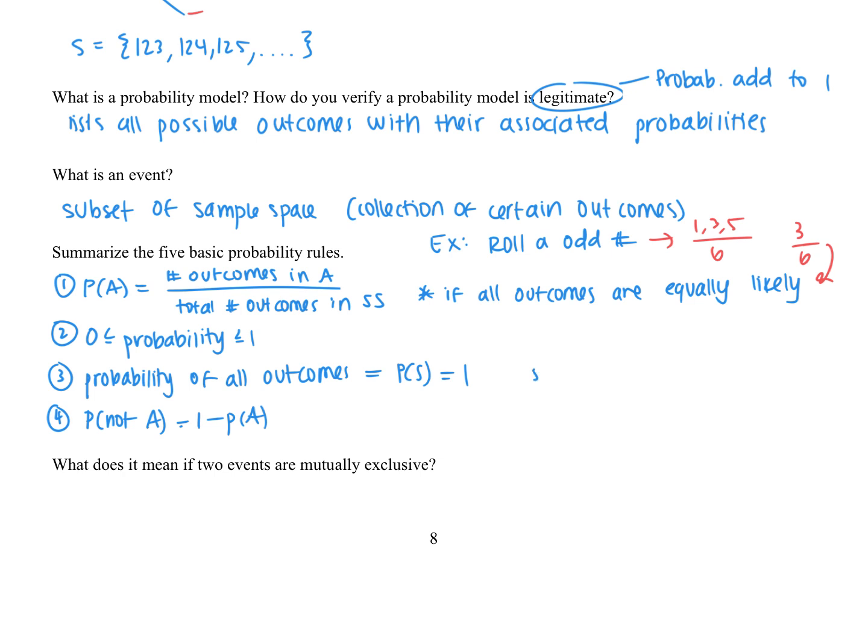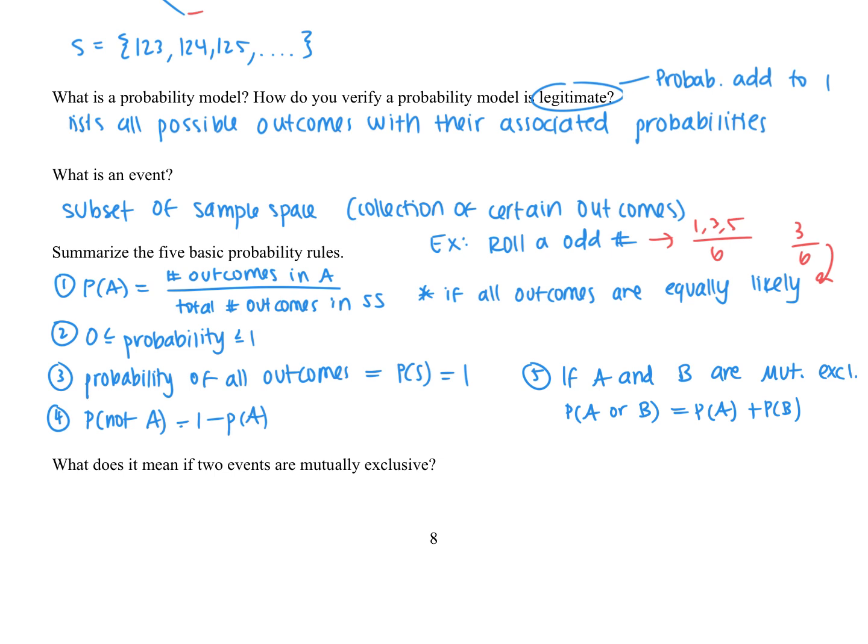And then last rule is if A and B, so these are two events, are mutually exclusive, which we're going to talk about in a minute, then the probability of A or B is equal to the probability of A, add the probability of B.